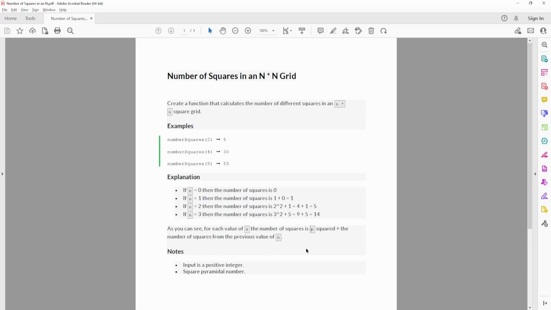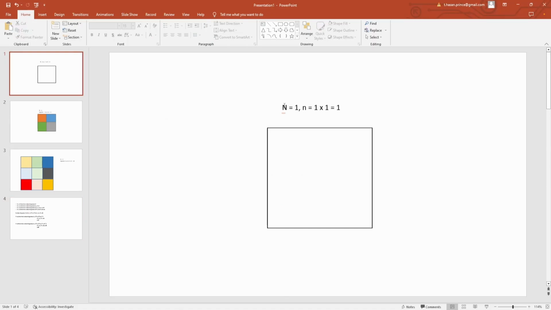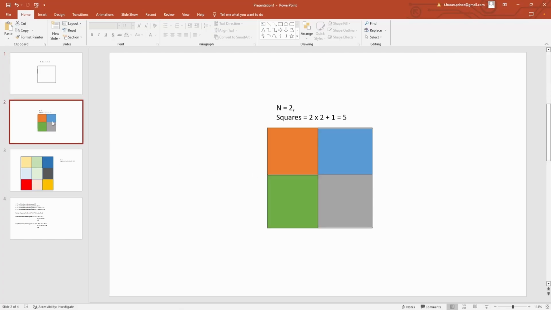So let me visualize this for you, what this means. If the number n is equal to 1, then there is only one square, right? 1 multiplied by 1, 1. So we can see here is 1 square. Now, if we go here, n is equal to 2, then there are 5 squares. How? 2 multiplied by 2, there are 4.